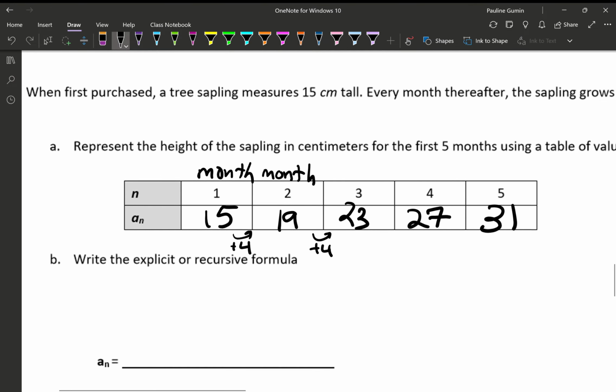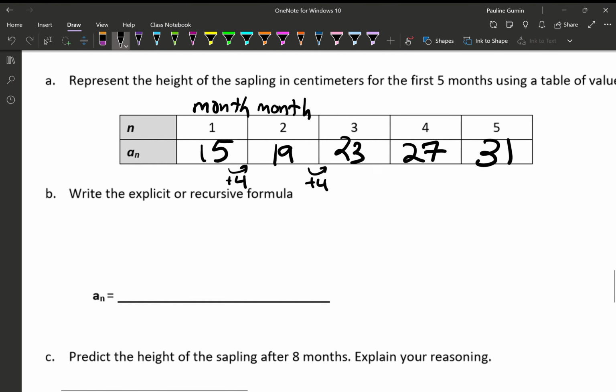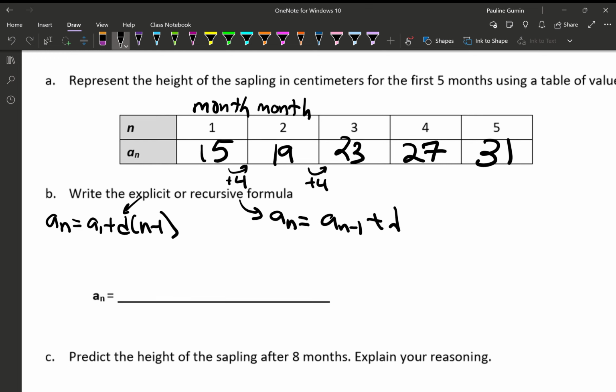Now, letter B asks us to write the explicit or recursive formula. I always suggest to write the explicit, because it's easier to work with. So the explicit is an equals a1 plus d times n minus 1. Recursive is an equals an minus 1 plus d.